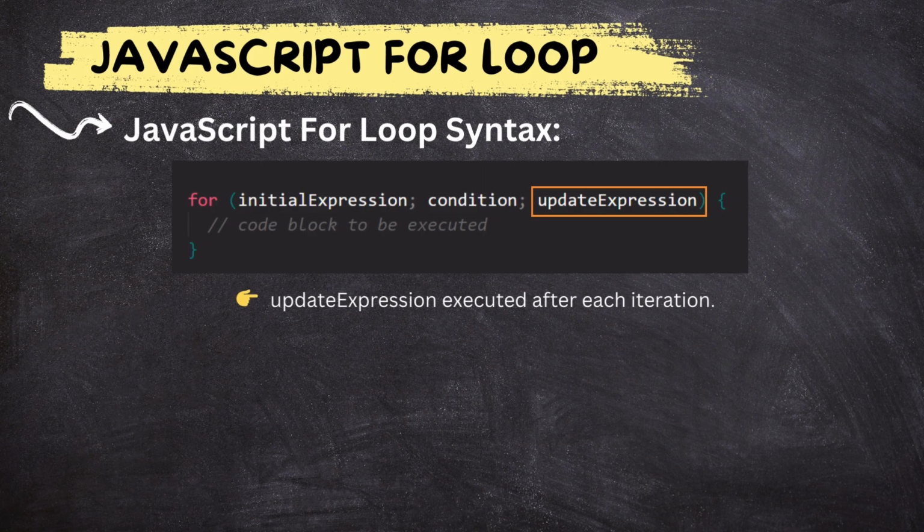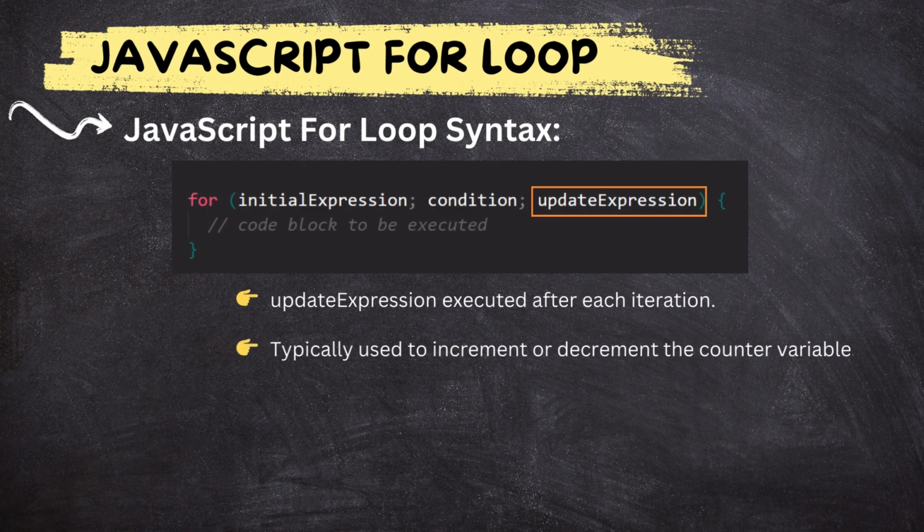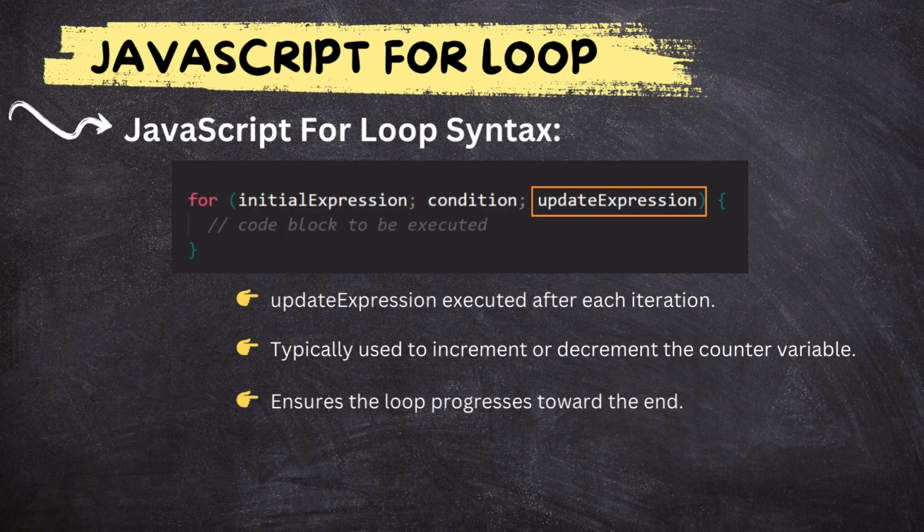The update expression is executed after each iteration of the loop. It is usually used to increment or decrement the counter variable so that the loop can progress towards the end. Let's see an example of how we can use our for loop to print the numbers from 1 to 10.